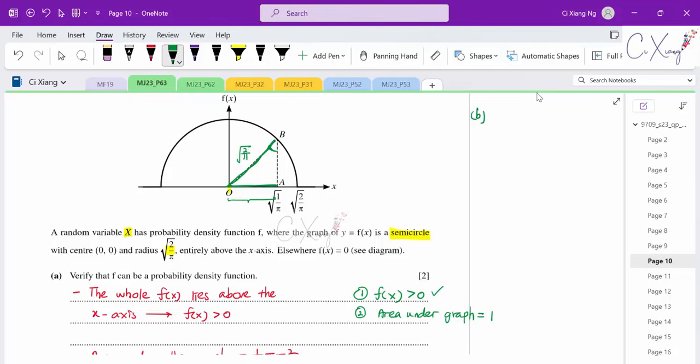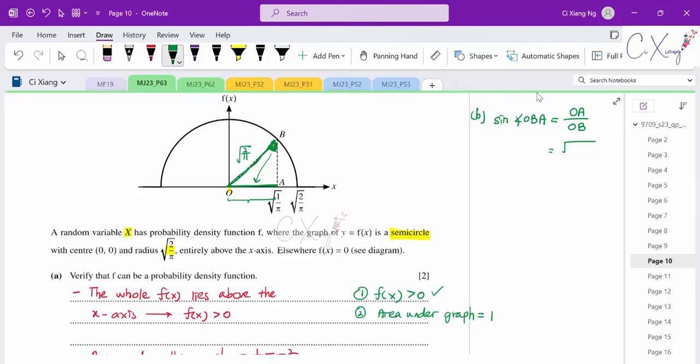Now I try to use the sine function. Sine of angle OBA means this one, right? For this particular angle, the sine is opposite over hypotenuse. So it should equal OA divided by OB. Now I want to substitute in OA.